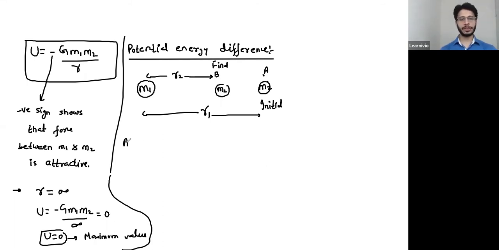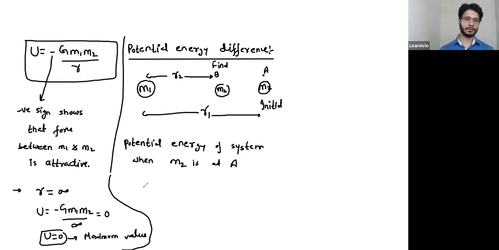So, potential energy of the system when M2 is at A. Fazil, what is the expression of potential energy when M2 is at A? Both are point masses.